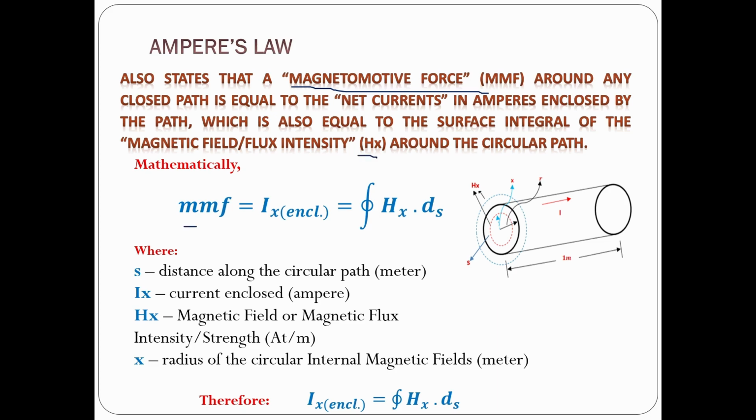Mathematically, MMF is equal to Ix enclosed, which is also equal to the integral of Hx times ds, where s is the distance along the circular path in meter, Ix is the current enclosed, Hx is the magnetic field intensity or strength in ampere turn per meter, and x is the radius of the circular internal magnetic field also in meter. Therefore, Ix enclosed is equal to the integral of Hx times ds.